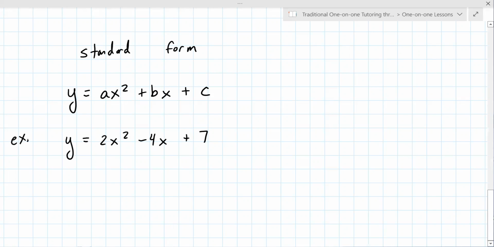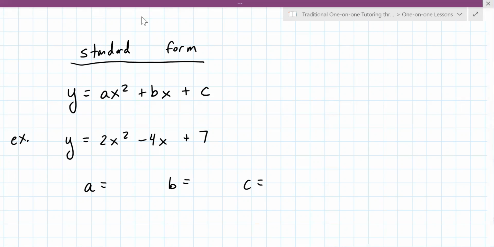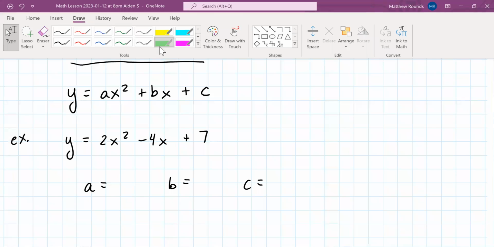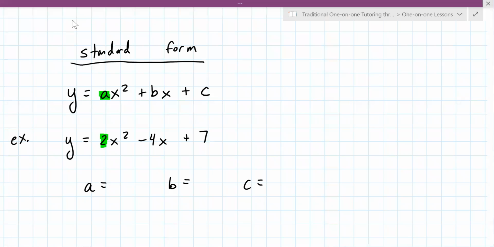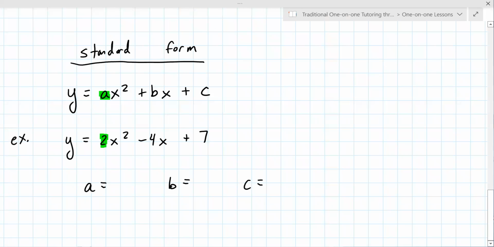Okay. Now, when you're given an equation in standard form, you have to determine what is a, what is b, and what is c. So if you look at the standard form here, a is the number in front of x squared. What is in front of x squared in this equation? 2. Okay.